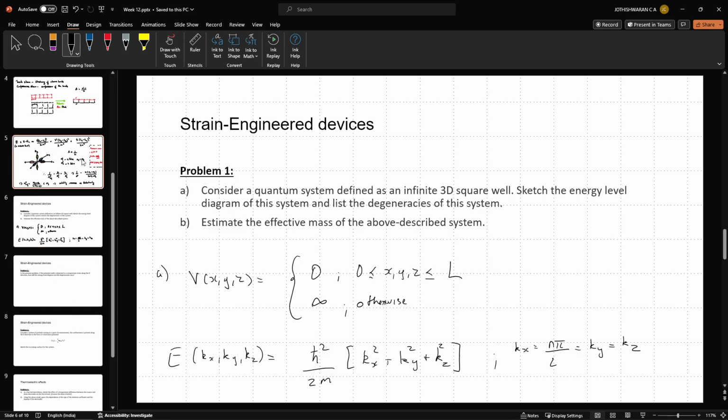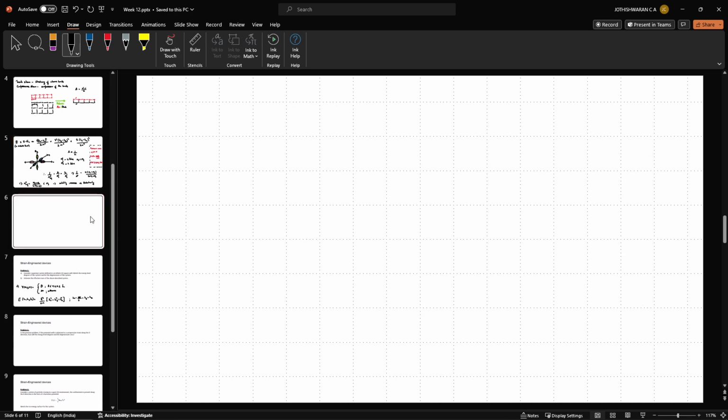energy levels. So how do we do that? Now I can write the complete value of E of nx, ny, nz rather than in terms of k's.